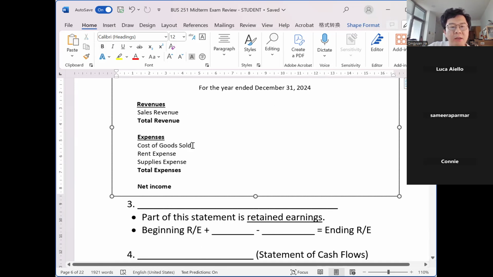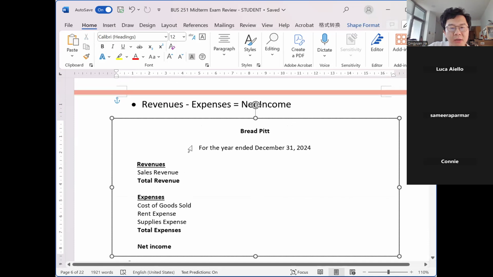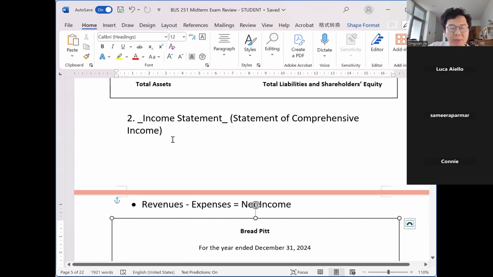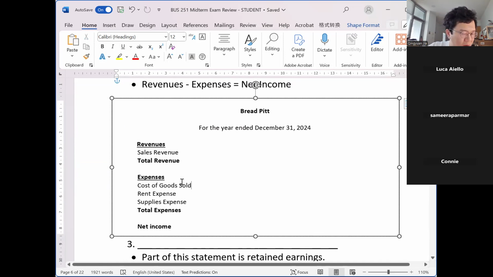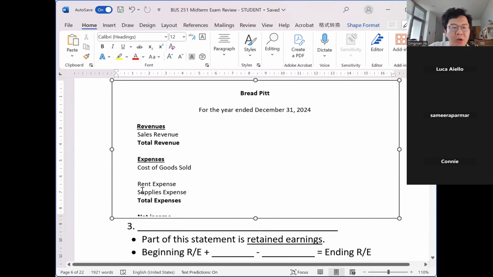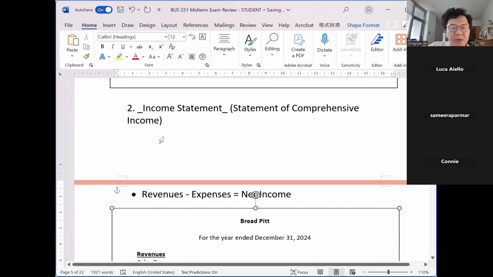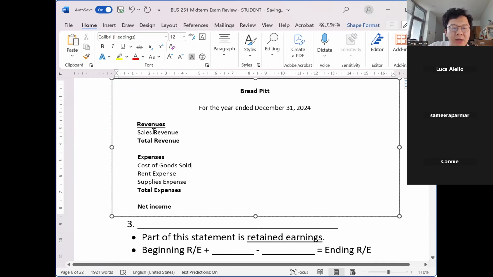In some other income statements, you can find the gross margin, which is the total revenue subtract the COGS, and then it has the gross margin, but you don't have to put the gross margin here unless you are required to do so. So for this income statement, you can just write this way.